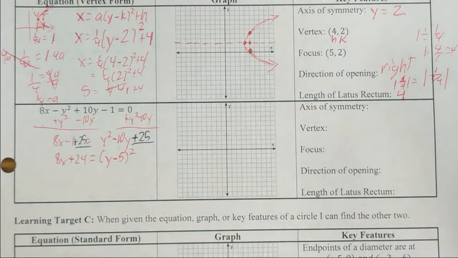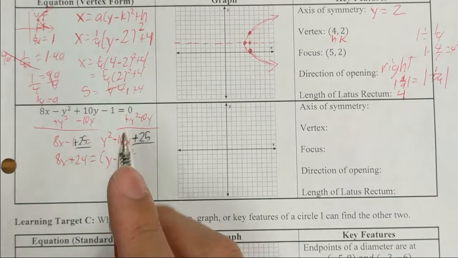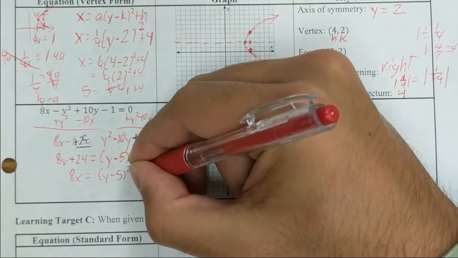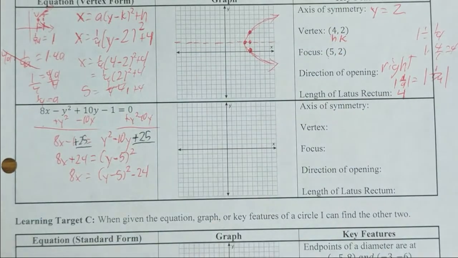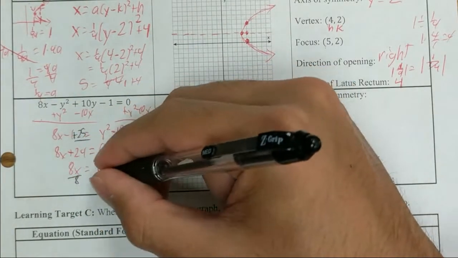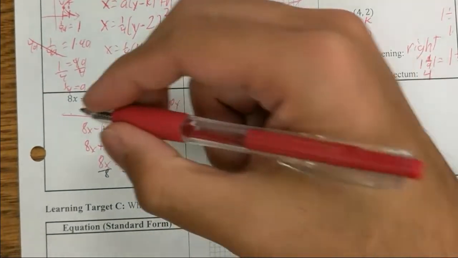Now I need to move the 24 over, and then get rid of the coefficient by dividing both sides by 8. Dividing by 8 is the same as multiplying by 1/8.